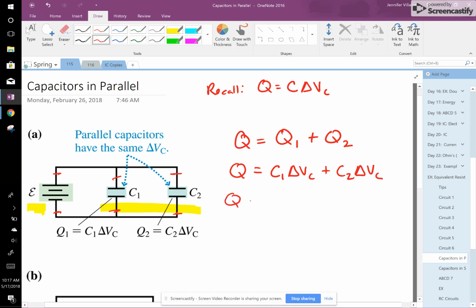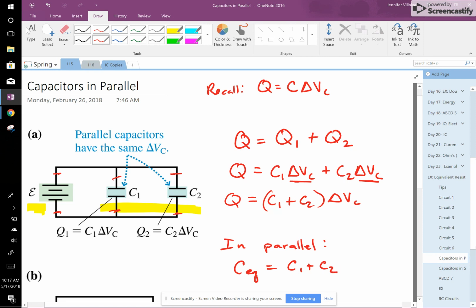But the next step that we really want to get to here is that both of these delta V's are the same. And so I can mathematically pull out the delta V, and I'm left with C1 plus C2. And so for these two capacitors in parallel, I can write a generic expression with equivalent capacitance. So C equivalent for two capacitors in parallel is the sum of their capacitances. Again, the totally opposite of resistors, which is unfortunate.